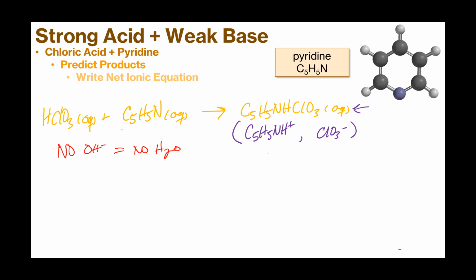Okay, so when we write our net ionic equation, we can say, okay, well, let's break these down. Chloric acid is strong. We said that in the beginning. So H plus aqueous plus ClO3 minus aqueous. Pyridine is a weak base, so it's going to stay together.